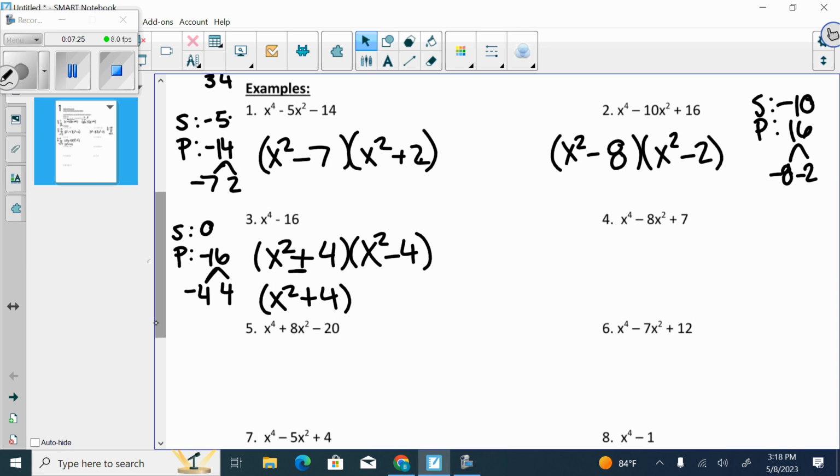But this one, we should be able to factor further. So I make my 2 sets of parentheses. This time, I just need it to multiply to give me x squared. So it's just going to be x and x. And we said what multiplies to give us negative 4 adds to give us 0? 2 and negative 2. So I'll have a positive 2 and a negative 2.